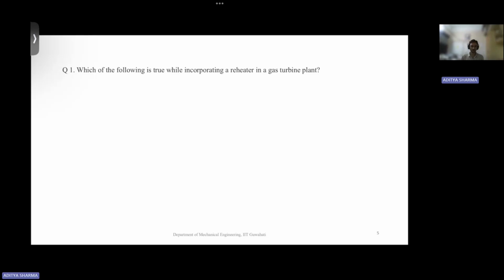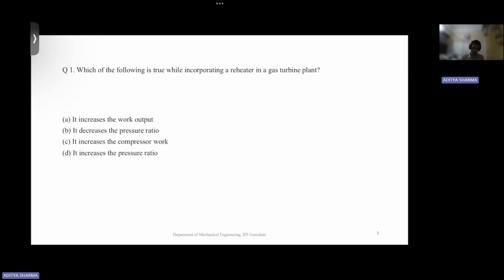So then we'll move on to questions. So I have question number 1 here, which says that which of the following is true while incorporating a reheater in a gas turbine plant?